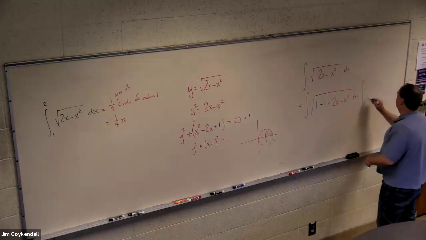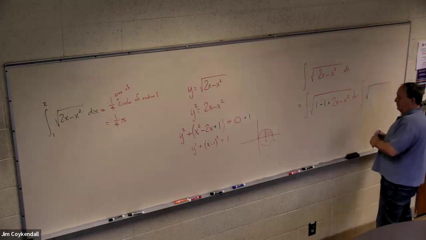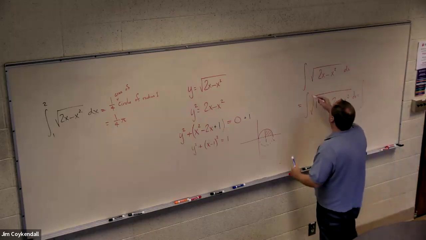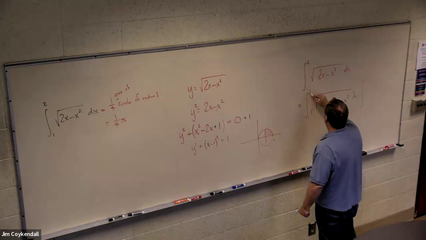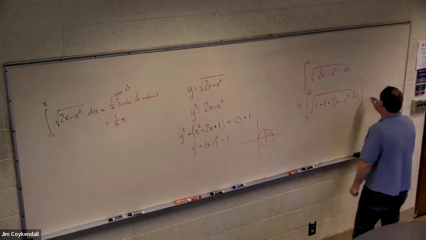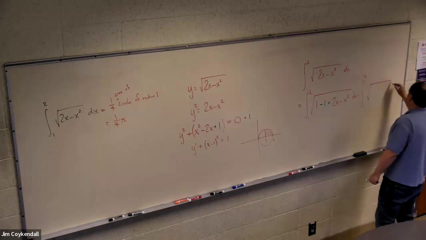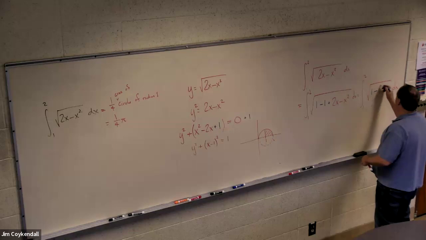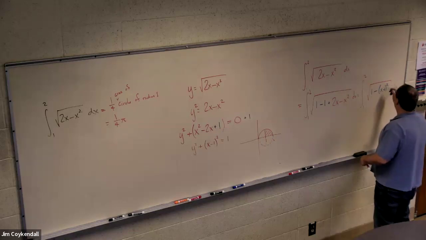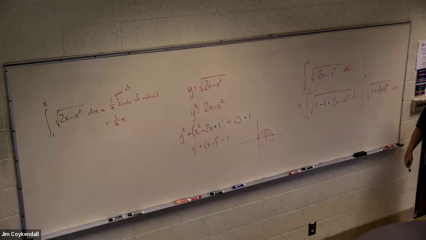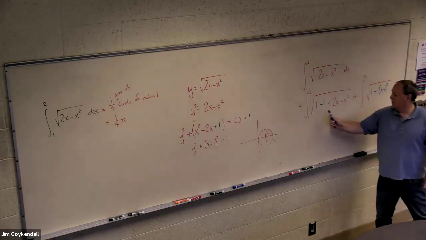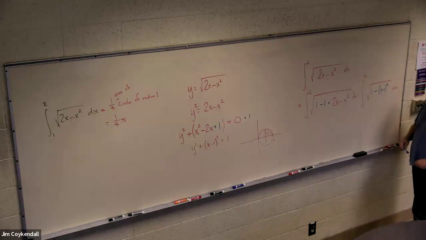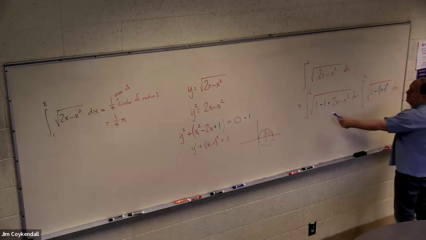This now becomes one minus. Check this. Here's my 1. I'm going to have a minus x squared there. I'm going to have a minus 2x there.